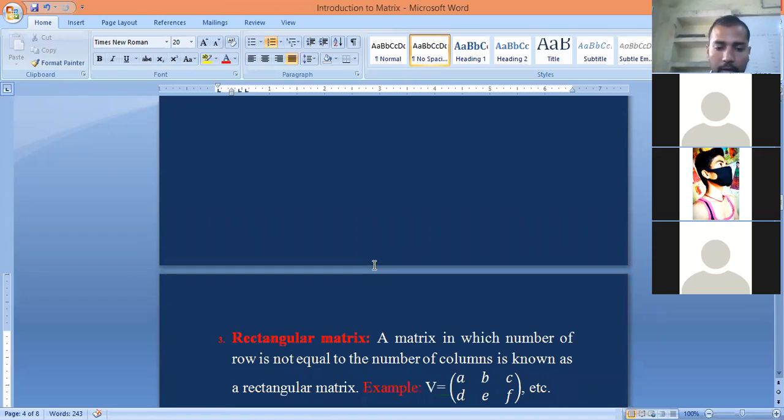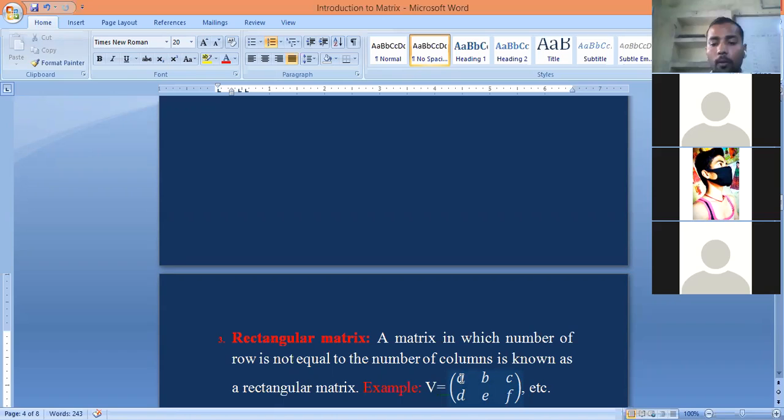For example, matrix V is equal to A, B, C in one row and D, E, F in the other, where A D, B E, C F are columns.